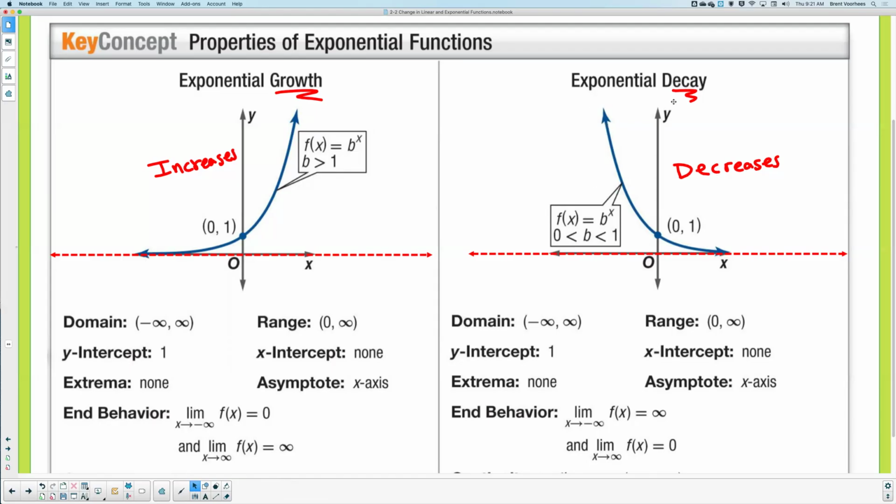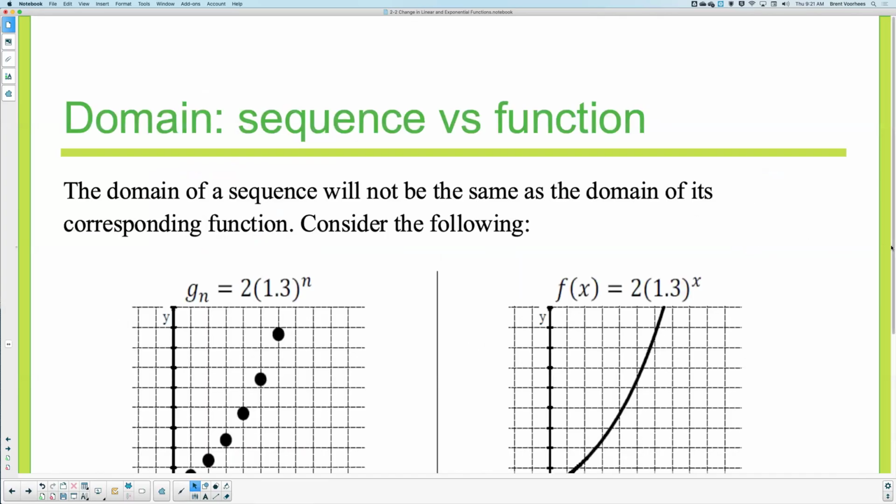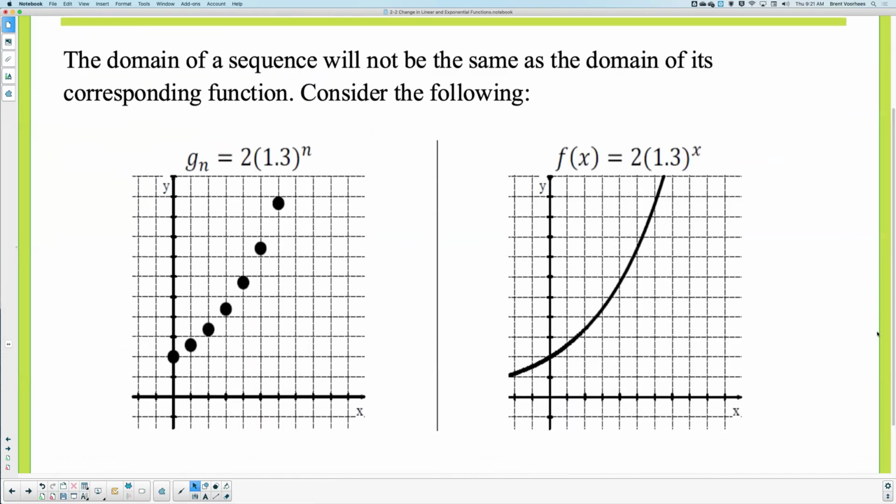Make sense? Okay, now let me show you the picture of continuous versus discrete. I have 2 images here. If you look at the equations, both equations after the equal sign is 2 times 1.3 raised to a power.